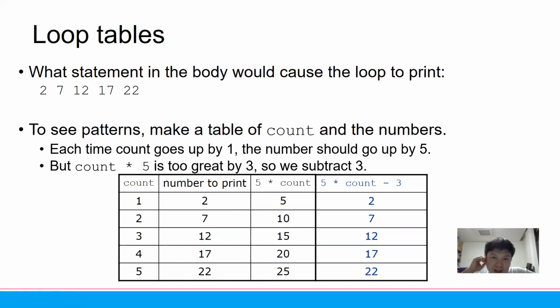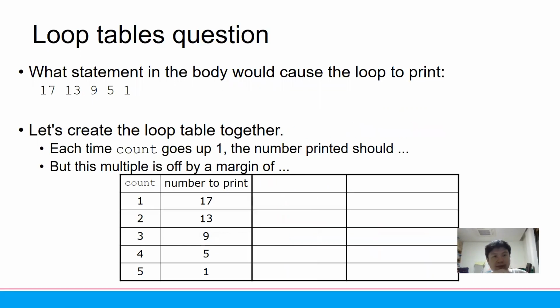So the idea is, how can we get the numbers? Okay. The number is here. So how can we make the numbers with the particular looping function? Okay, before we go to the for loop functions, how can we solve this problem?